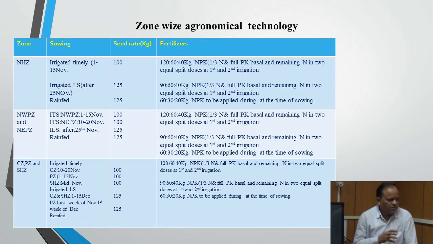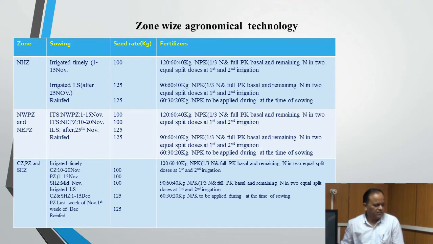This is all about the zone wise agronomical technology. The first zone is the northern hill zone, and the sowing time is the first week of November to 15th of November.